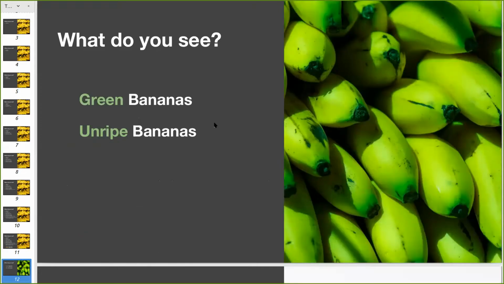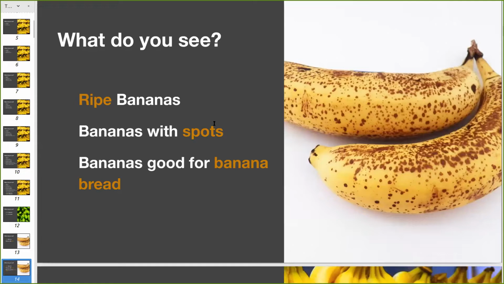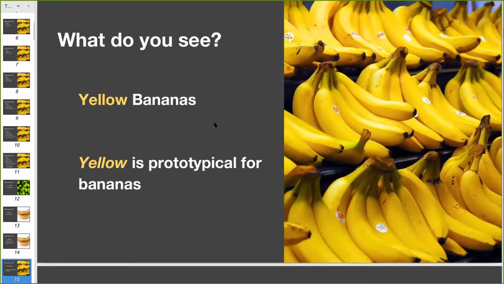Unless we have something like this, people might not use color or another way of describing bananas. In this case, the answer could be green bananas or unripe bananas. And here we have ripe bananas, bananas with spots, or bananas good for banana bread.